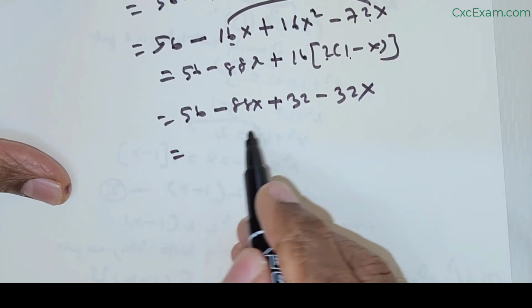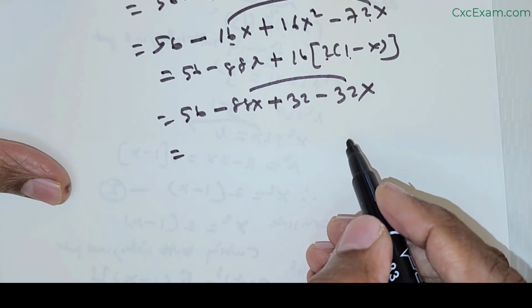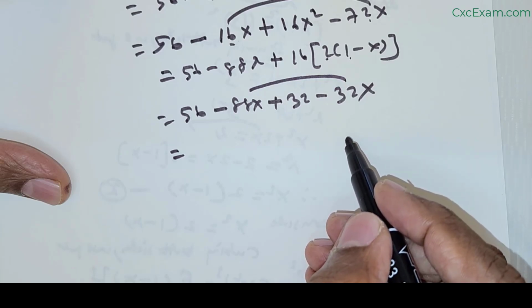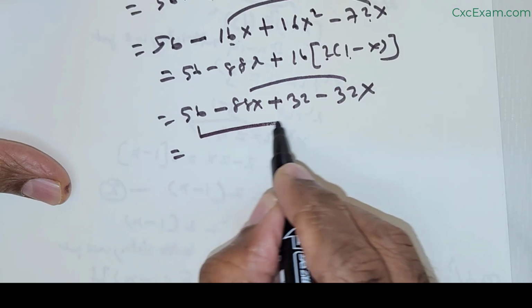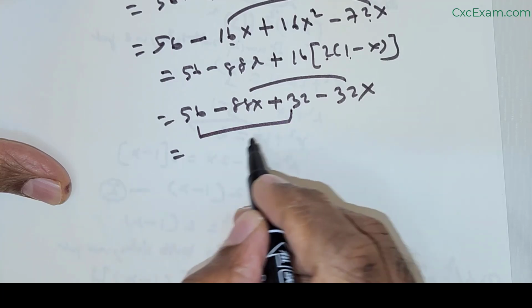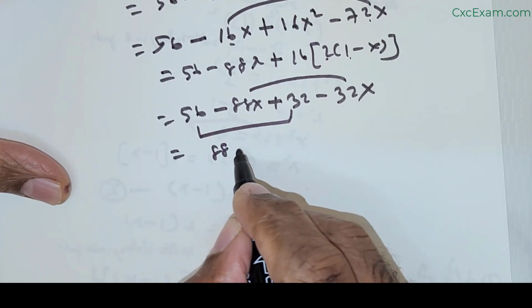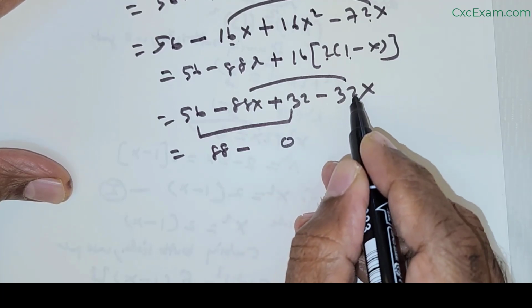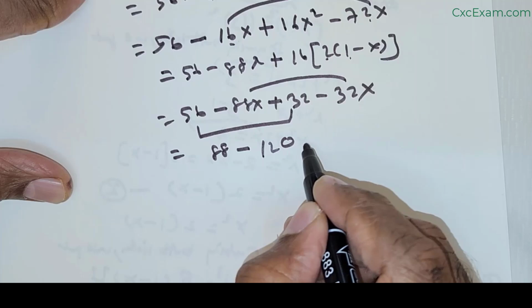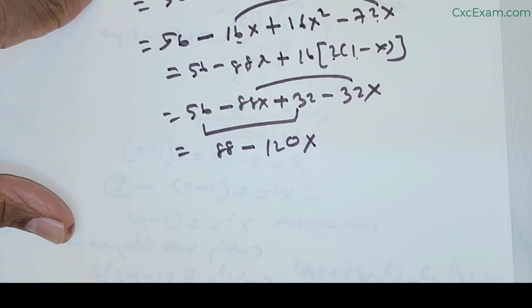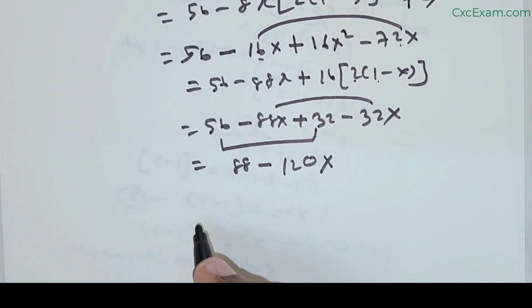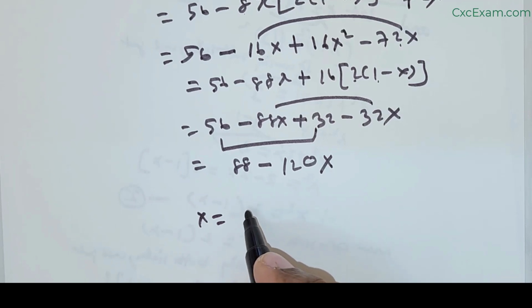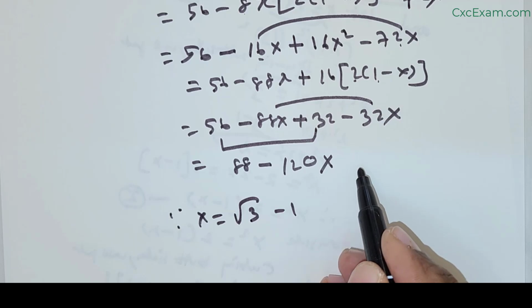So these two can be added, right? So that is going to give me 88, and 88 plus 32 gives 120. I'm getting 120x. Okay, we now have to substitute the value of x. x is equal to √3 − 1.